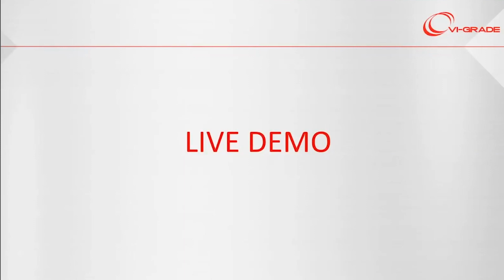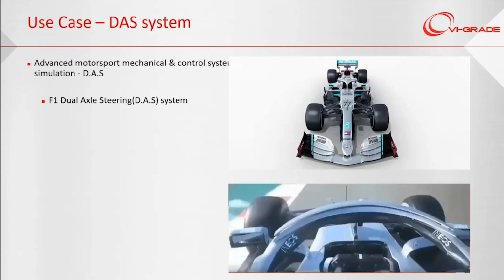So here we are going to talk about adding advanced motorsport mechanical and control systems to our simulation. Here, as you can see, is a Formula One car from Mercedes-Benz AMG Petronas. They developed a DAS system at the beginning of this year, which has caught a lot of attention from motorsport and automotive engineers.